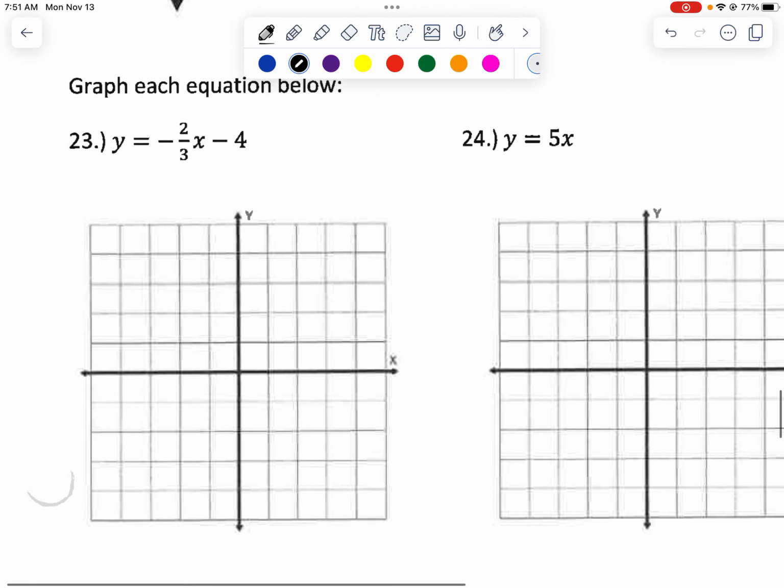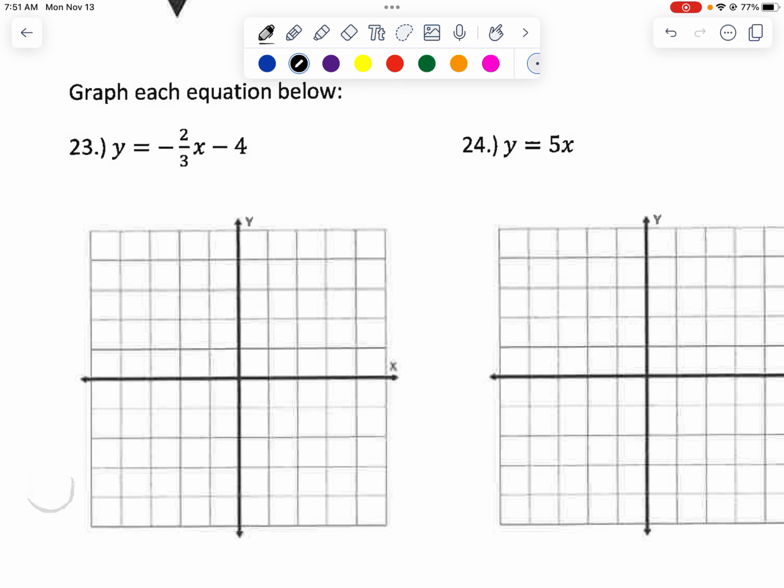This one, my y-intercept is 0, -4. So I go down 1, 2, 3, 4, and I draw a point. My direction of my line is going to be this way. So I look at this part first, so I'm going to go down 2. Oh, well, I can't go down 2. So how can I do it if I can't go down 2?